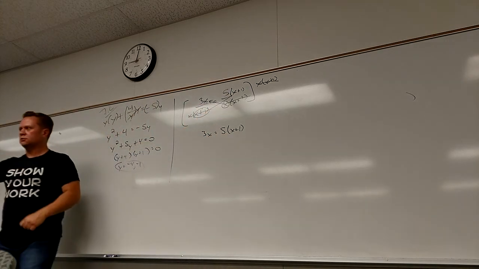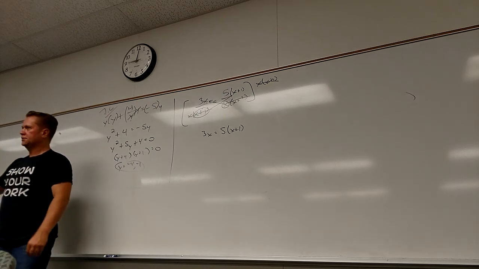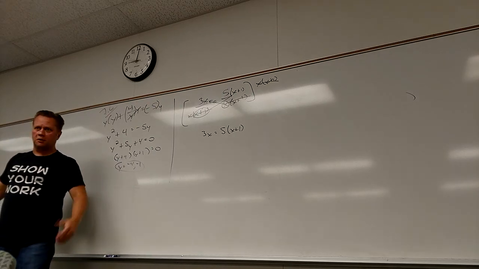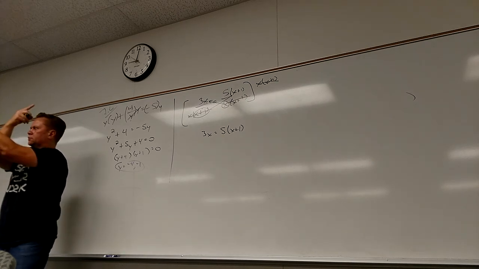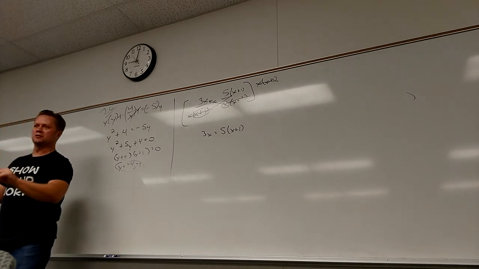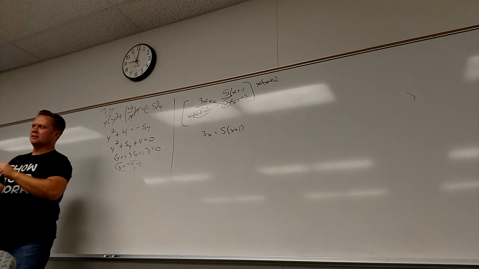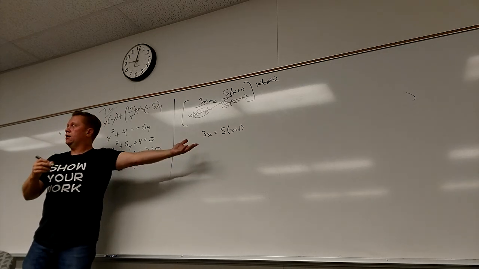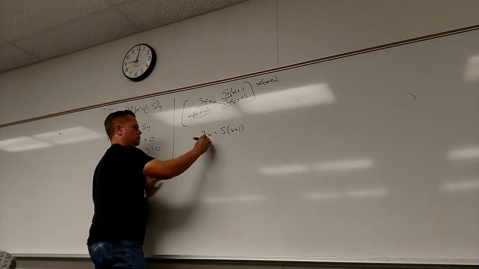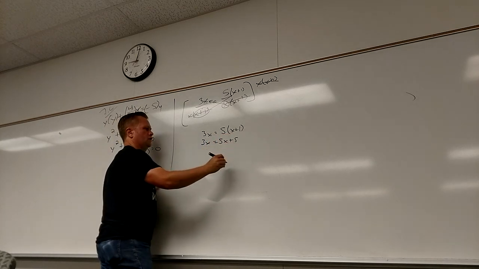So cross multiplication is a shortcut to the process we would use anyway. If there's one fraction equals one fraction, I can cross multiply. It's just a shortcut. That's all it is. So this will be 3x equals 5x plus 5.